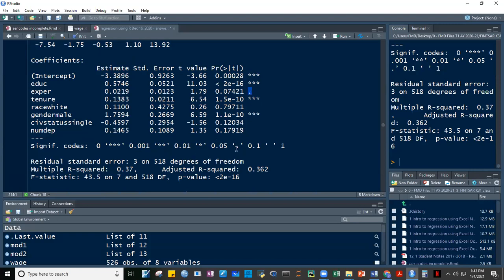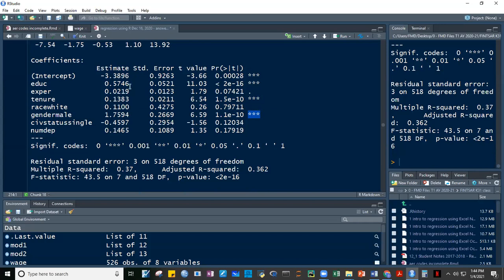Ibig sabihin ng dot guys, significant at 10%, 0.10. So if we will strictly follow the alpha level of significance of 0.05, then reject natin yung experience. Tenure, okay, pasok at 0.001. Gender male at 0.001 then. And the rest are not significant.